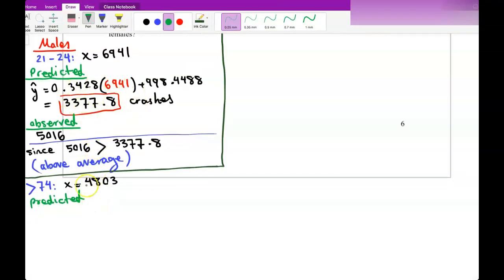Exactly same as that part, finding predicted. Now instead of x, we have this number.